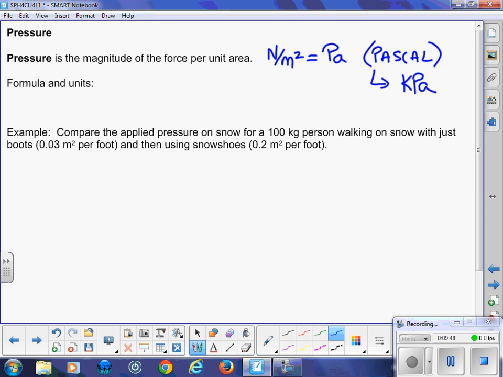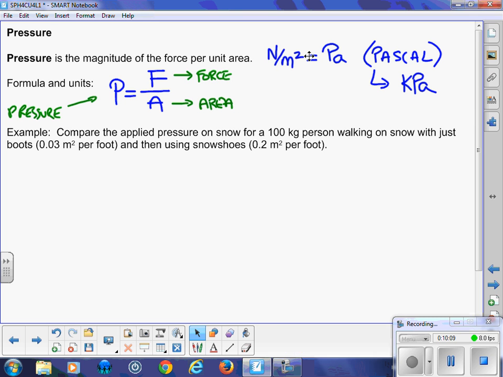So the formula, capital P for pressure, force divided by area. So we have force, we have area, and we have pressure. All right. So there is another formula to add to your cheat sheet or formula sheet.